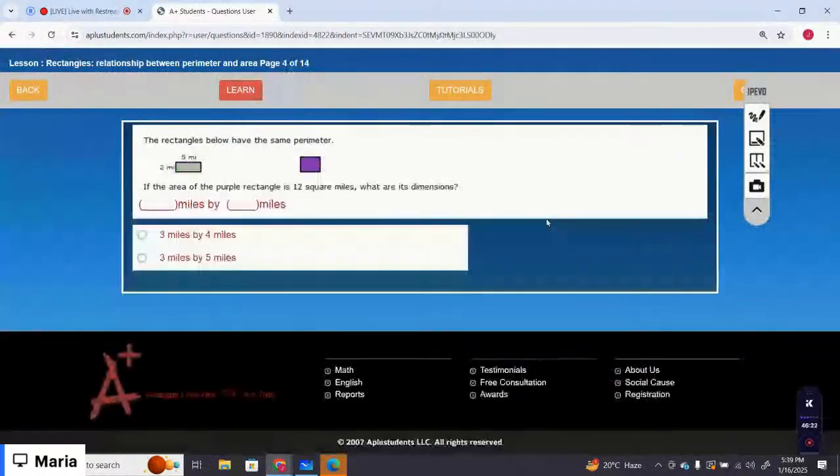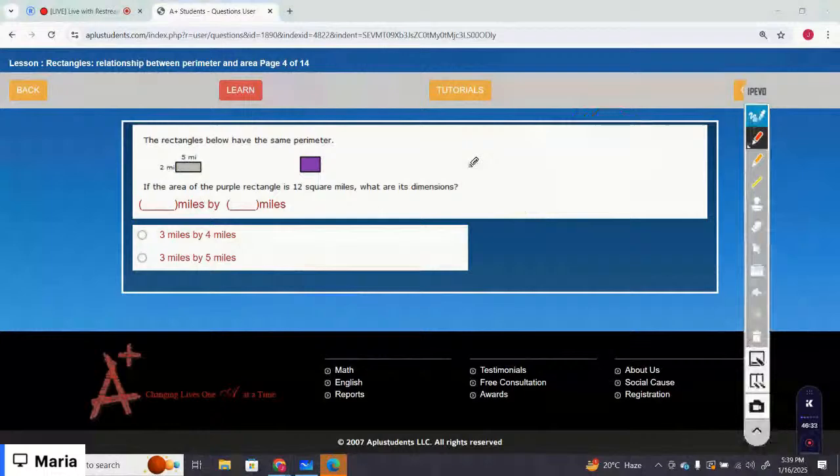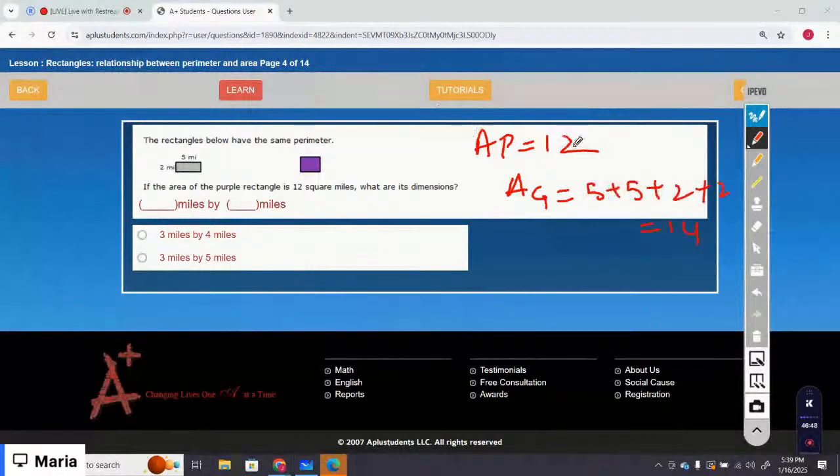The rectangles have the same perimeter. If the area of the purple one is 12, what are its dimensions? The area of the purple rectangle is 12, right? And they have the same perimeter. The perimeter of the gray would be 5 plus 5 plus 2 plus 2, that is 14. So the perimeter of this one is also 14. So the correct option is option number 1.